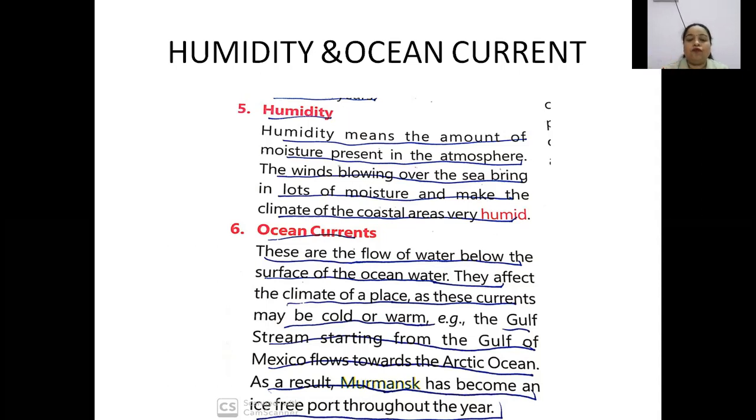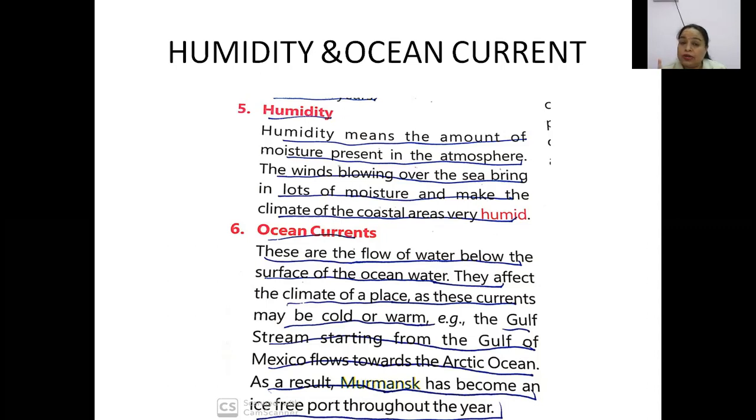The Gulf Stream, from the Gulf of Mexico, flows towards the Arctic Ocean. As a result, Murmansk becomes an ice-free port throughout the year. There is a port in the Arctic, where it is very cold. So that port should be frozen, but it is not frozen.